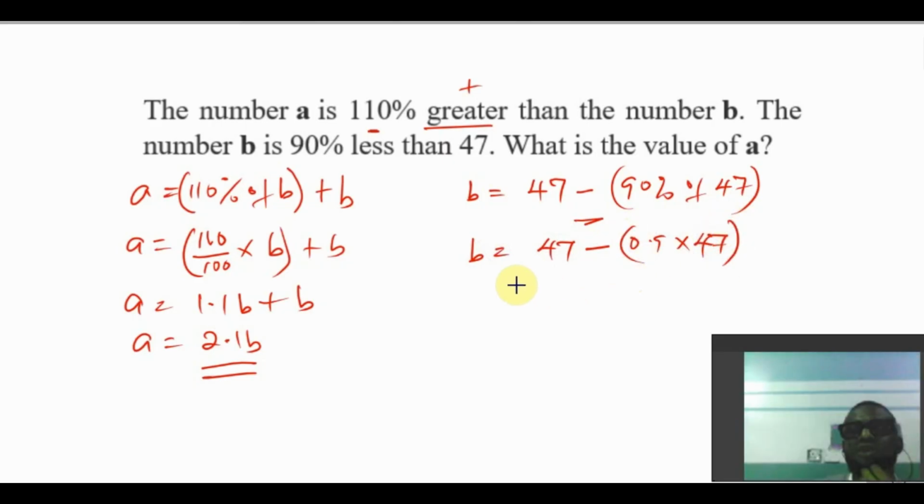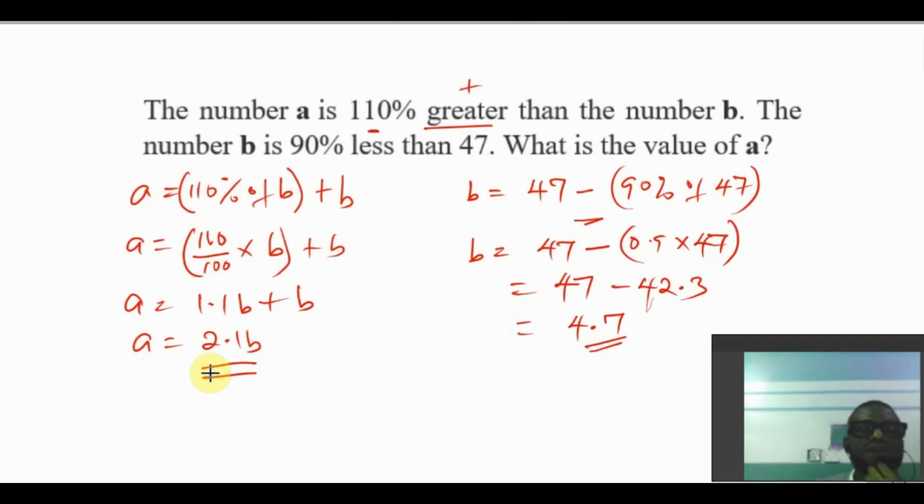So I will have 47 minus 42.3, and this will give us 4.7. So my B is 4.7.